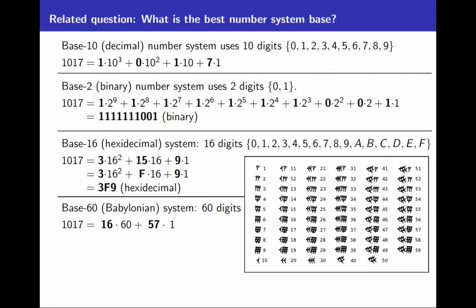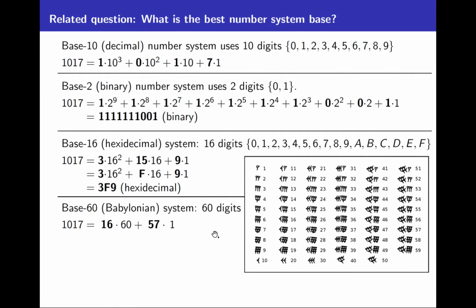So just as an illustration, again, 1017, to get its representation in the Babylonian cuneiform system, we write it in terms of powers of 60. It's 16 times 60 to the 1 plus 57 times 60 to the 0.